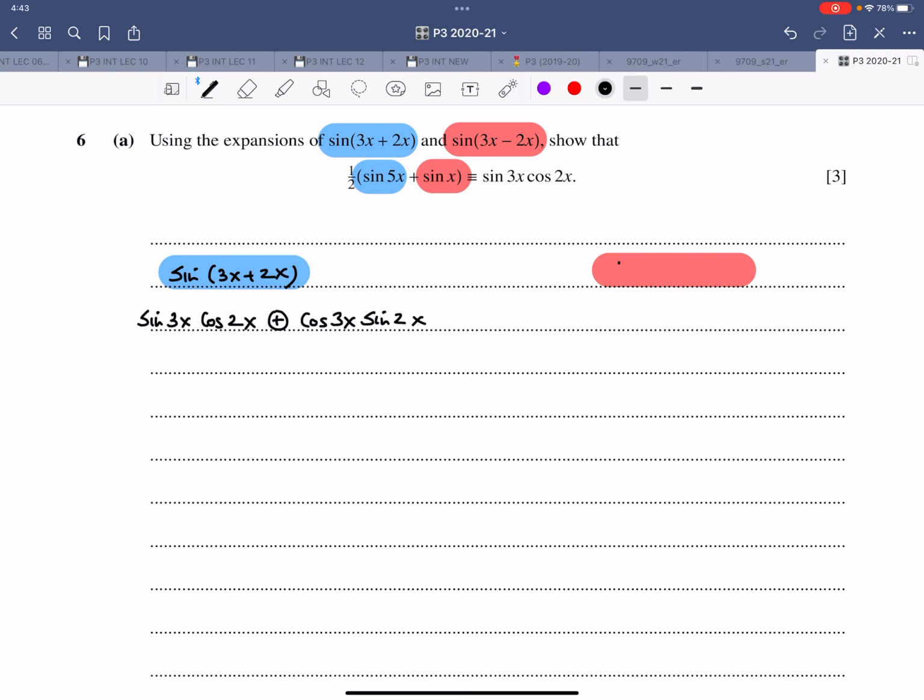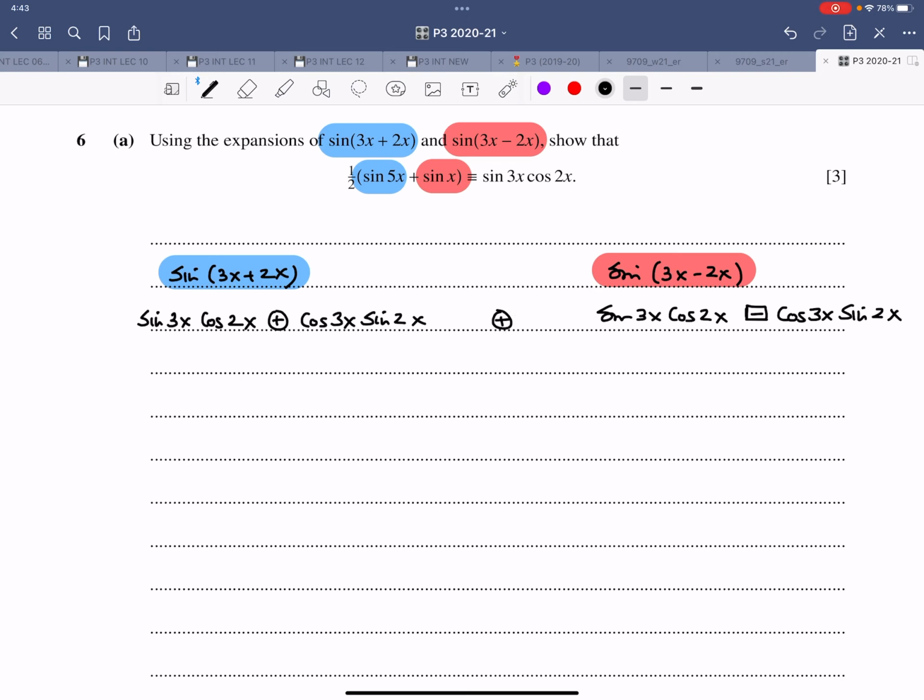Similarly, sine of 3x minus 2x, that is sine 3x cosine 2x, negative sign, and then cosine of 3x sine of 2x. Since there is a positive sign in the middle, add it up.